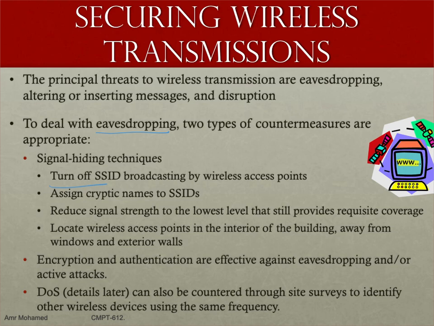That's another thing. Reduce signal strength. This is an interesting one. To the lowest level that still provides requisite coverage. What does that mean? This means that the announcement will not be sent with enough power to broadcast over a very large domain.